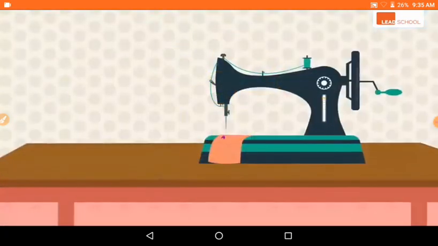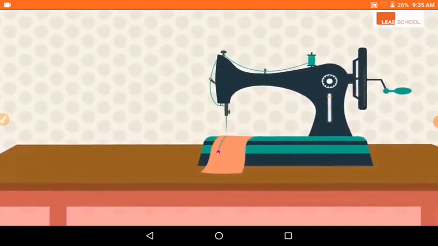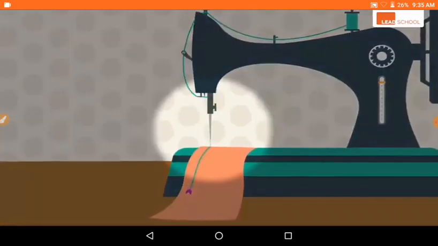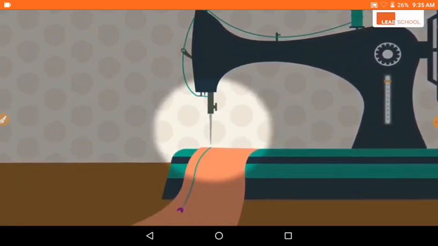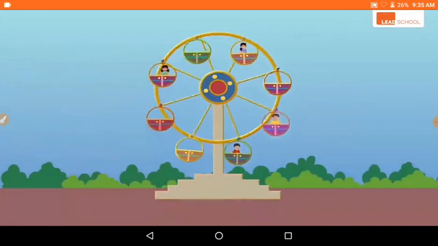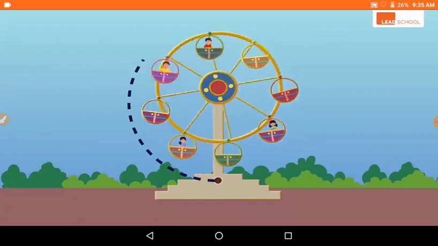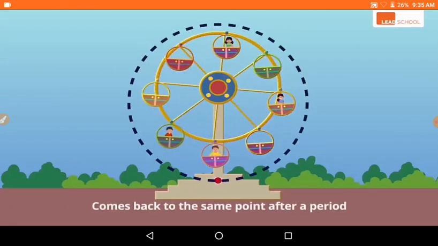Earlier, we saw that linear motion can be periodic if a body moving in a straight line repeats its movement at regular time intervals. This is also true for circular motion. Remember the circular motion of the child on a merry-go-round? The child moves along a circular path and comes back to the same point after a fixed time period.